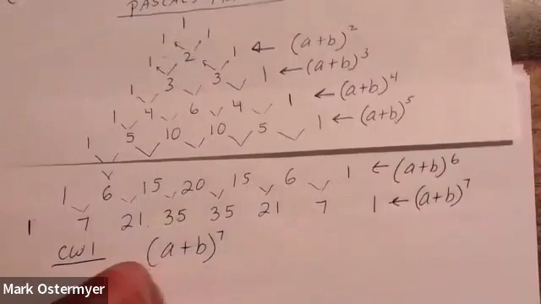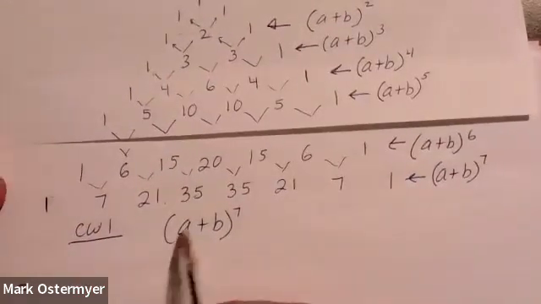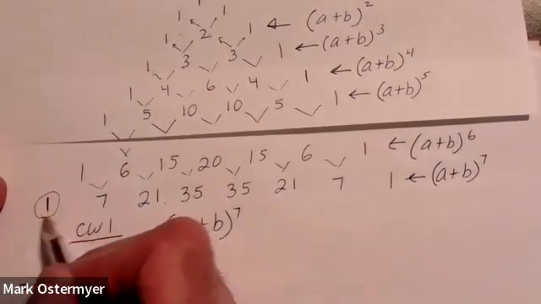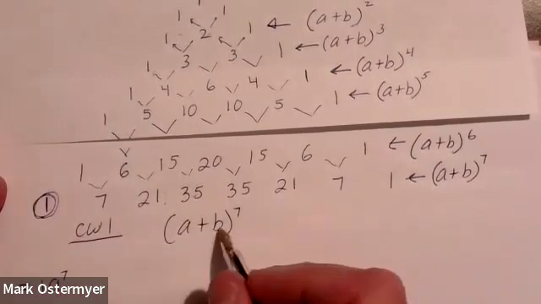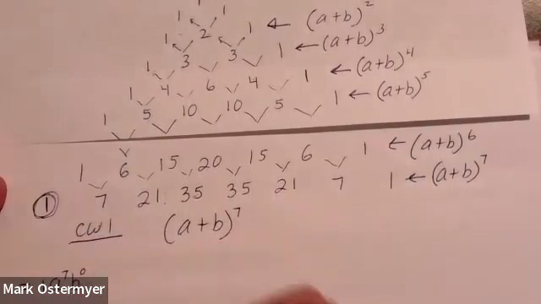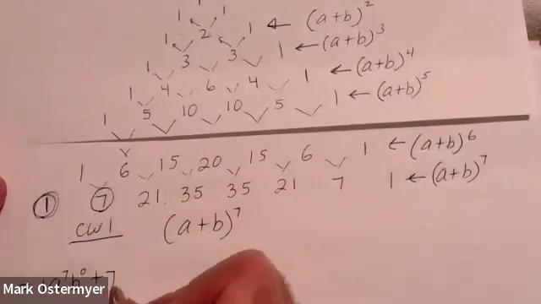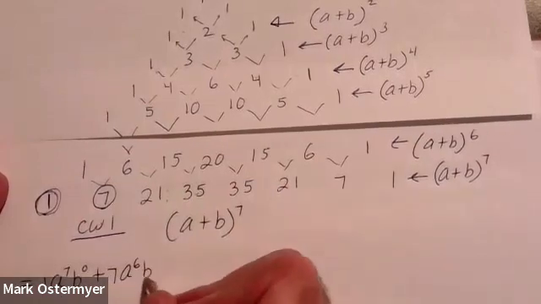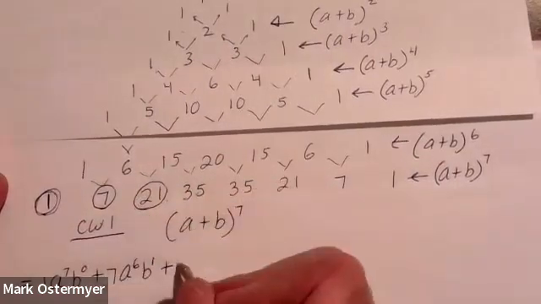So here we go with the expansion now. The first term of the binomial always starts out at the power the binomial is being raised to, and the leading coefficient is going to be positive 1. So 1a to the 7th, technically times b to the 0th power, plus the next coefficient, which is 7, times a's power decreasing by 1 down to the 6th power, b's power increasing by 1 to the 1st power, plus the next coefficient is 21.